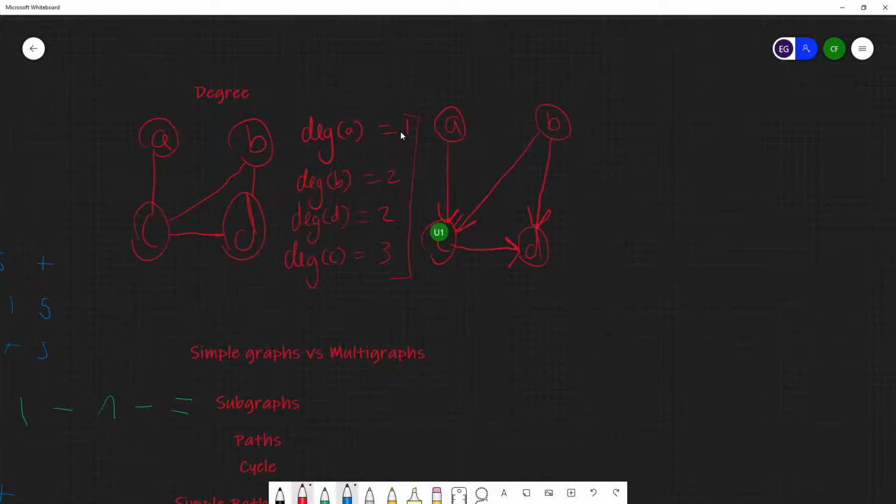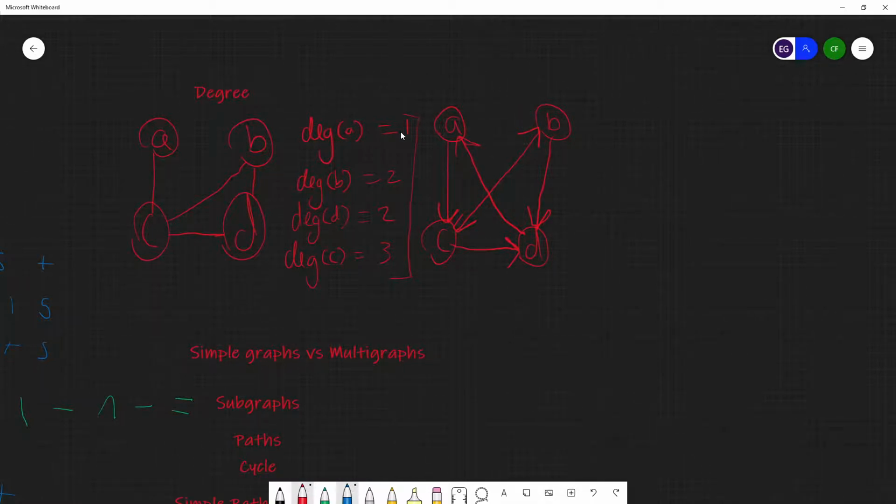Okay, so we've got this directed graph here. Now what we can look at is different degrees of edges going in and out. I'm also going to quickly add a couple more edges here, just to make looking at this a little bit easier.